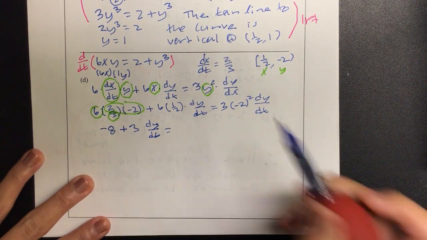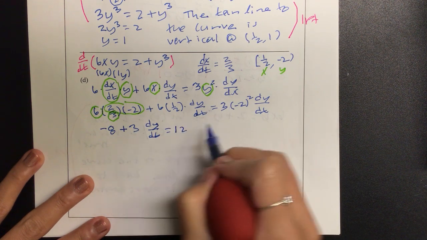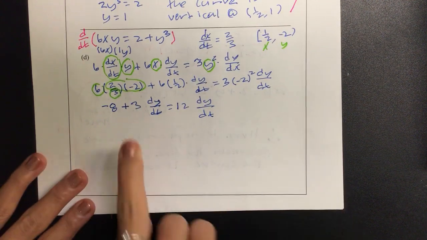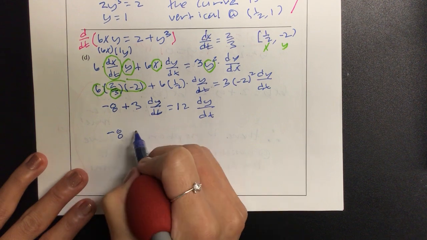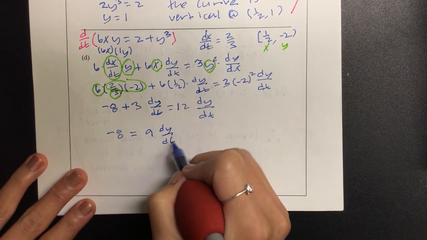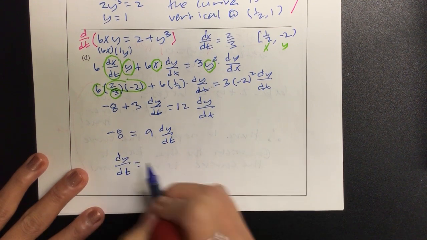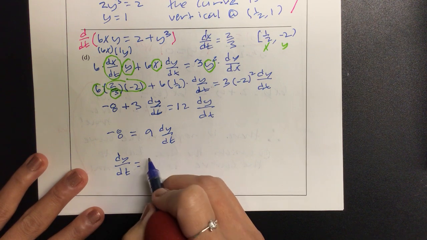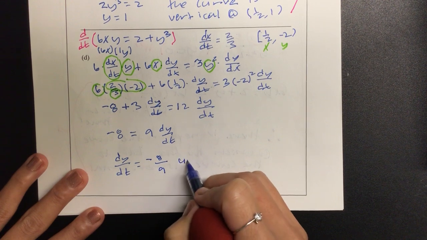And the other side gives us positive 4 times 3, which is 12 dy over dt. When I move the 3 dy over dt over, I get 8 is equal to 9 dy over dt, and we're almost there. So we know our dy over dt is equal to negative 8 over 9, and that is in units per second.